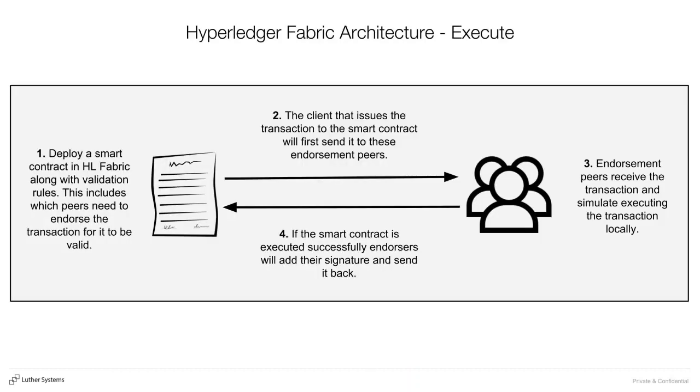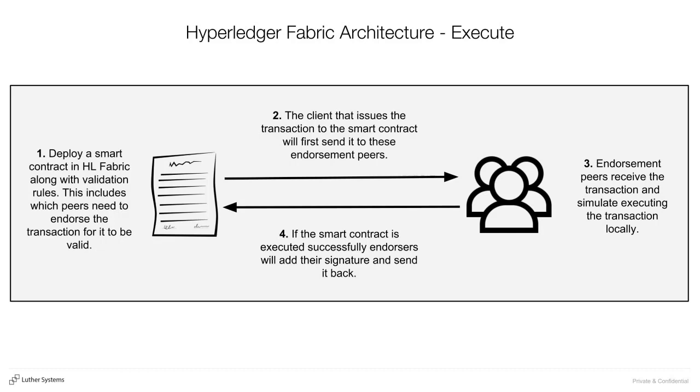And the way that works is when you deploy a smart contract in a HyperLedger Fabric network, you specify in the smart contract some of the consensus rules.